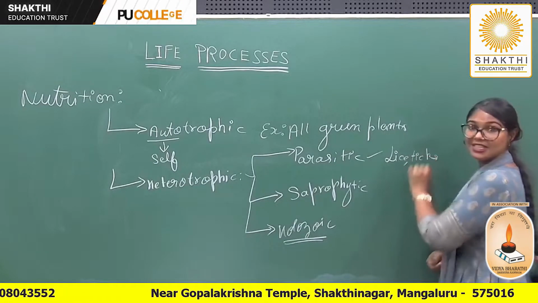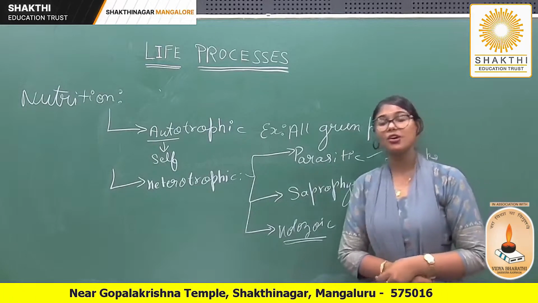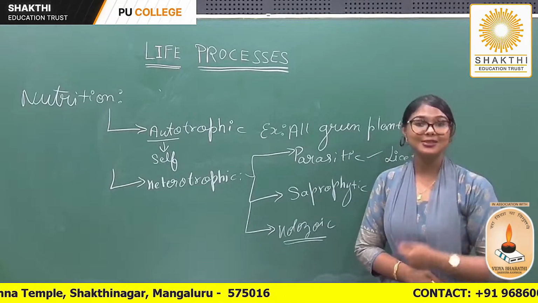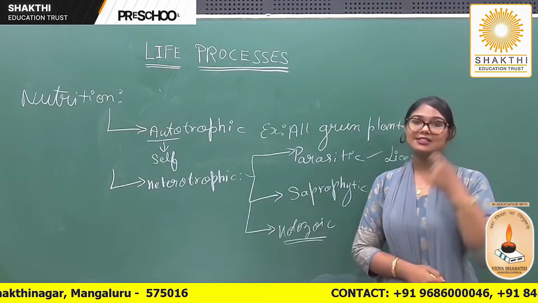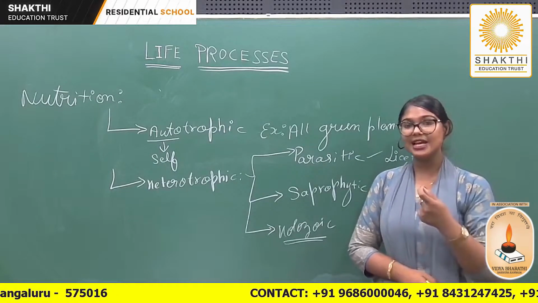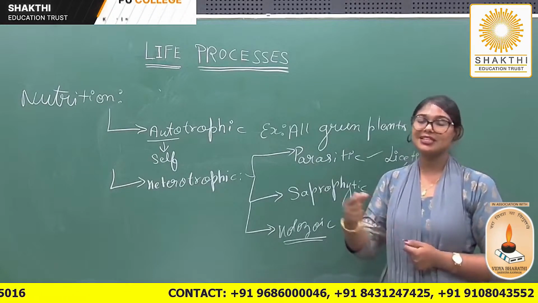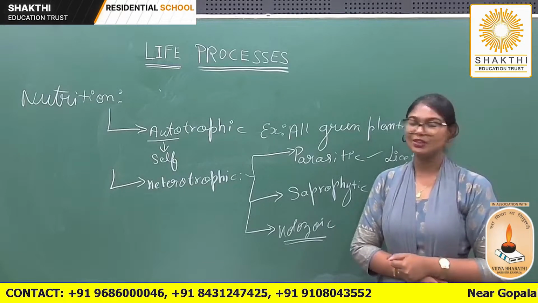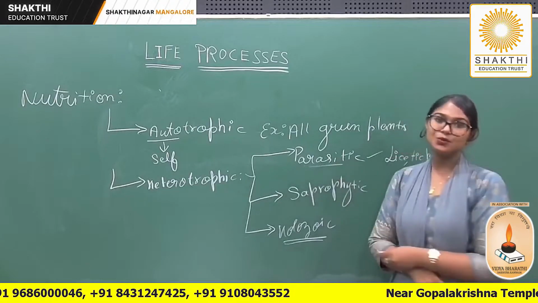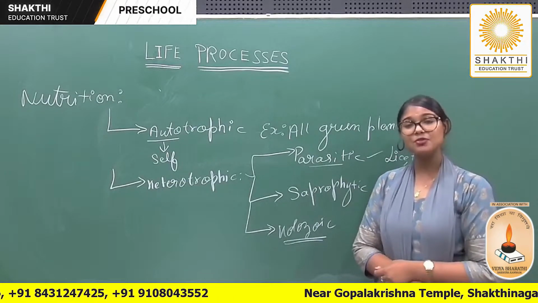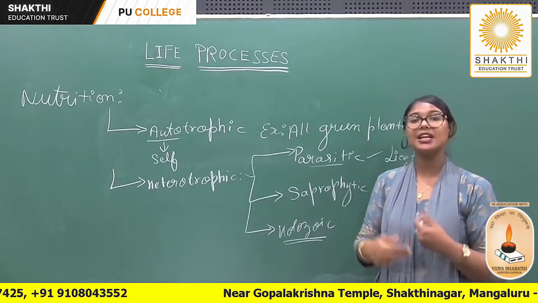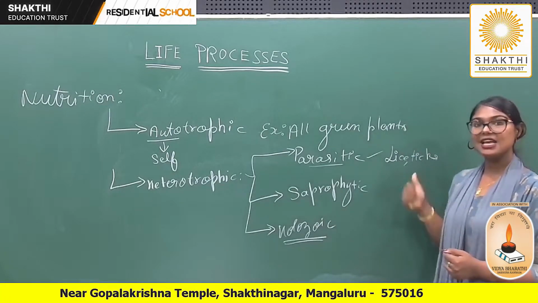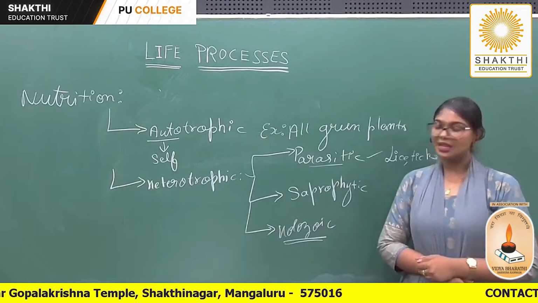If you have seen your pet animals, maybe dog or cat, sometimes even in our hair, especially girls who have long hair, we have lice on our hair. So these lice, and in case of animals, the ticks, suck the blood from us, and that is the food for them. So that is parasitic nutrition, students. It is obtaining food from the living organisms. We are alive. The dogs and cats are alive, and the lice and ticks are obtaining food from them.